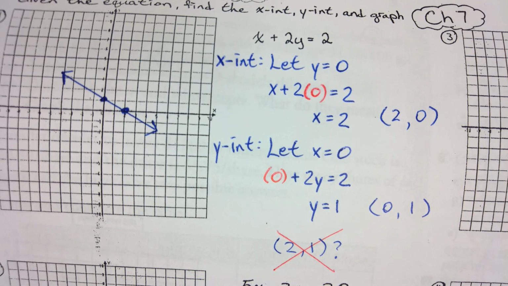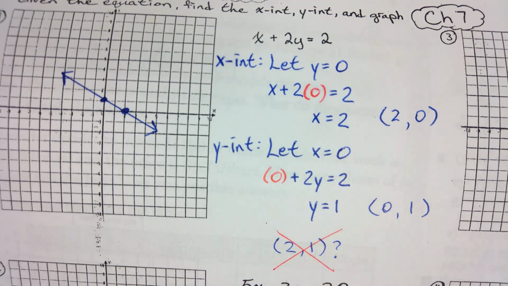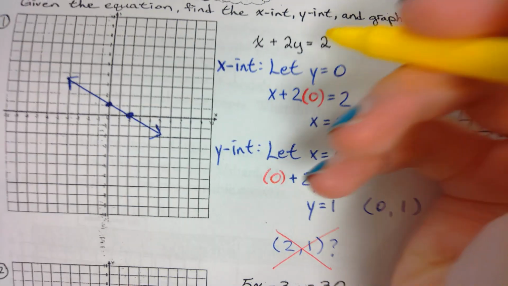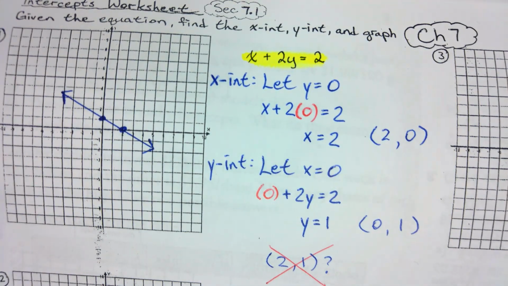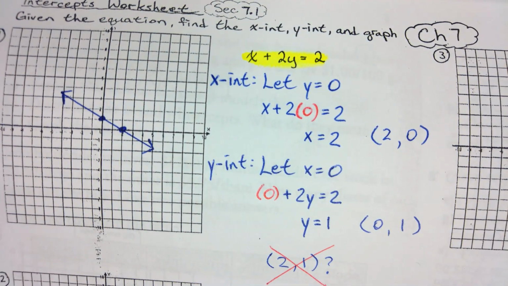What's the other method that we learned to graph a line? So let's say we were just given this equation. What's the other method that we learned last week? So given this equation right here, what's the other method? Okay. y equals mx plus b.